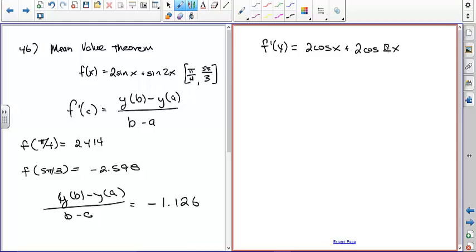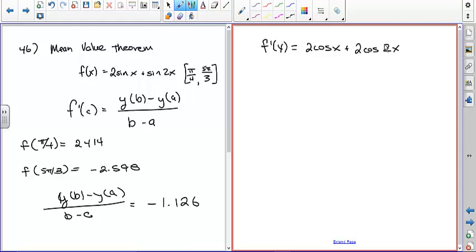When you watch your review for the test, you really want to pay attention to taking derivatives of the cosine or sine, or any of the other trig functions, of something other than x. The basic idea is whatever the argument is inside the trig function, when you take the derivative, you multiply the derivative by that constant.